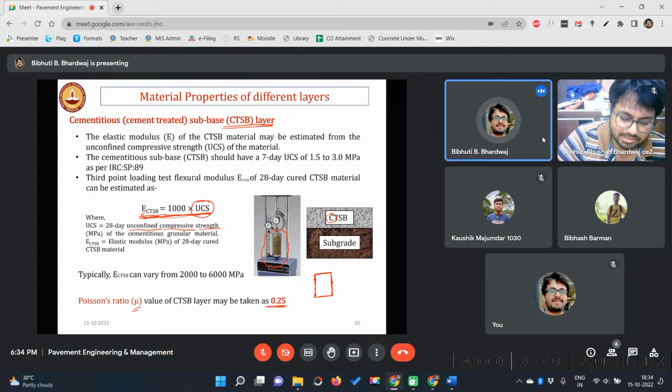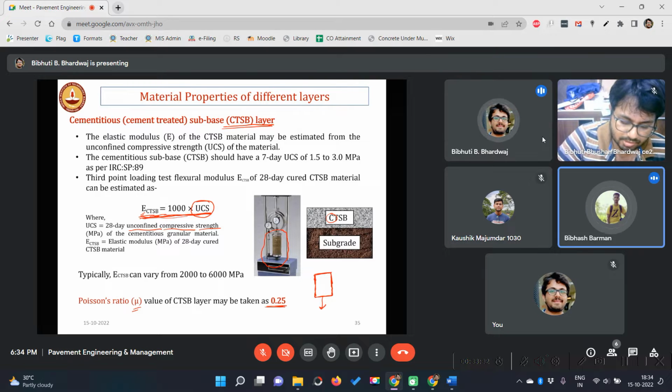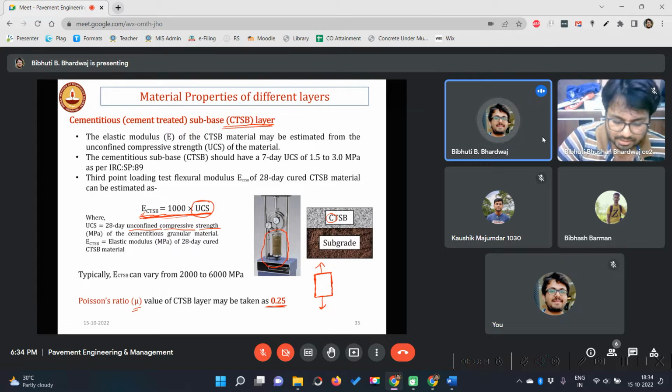No, that is elastic modulus. Suppose this is a material and you are applying force like this, it will change its shape. It will elongate like this. It will now be in this shape. Suppose the cross section was circular.